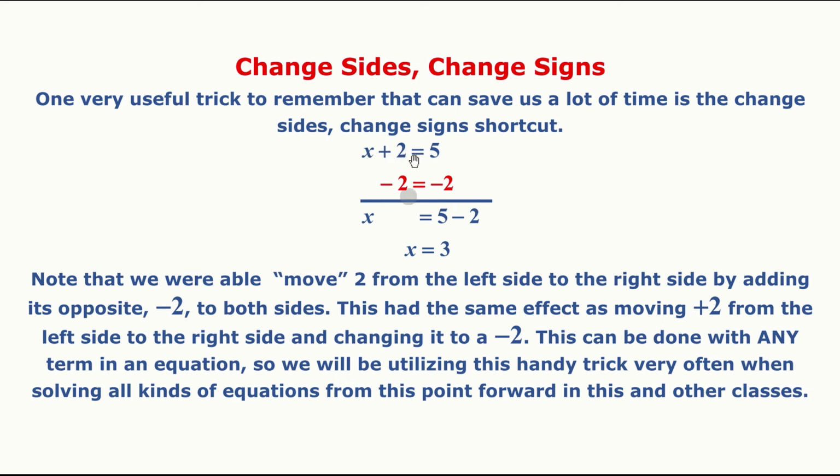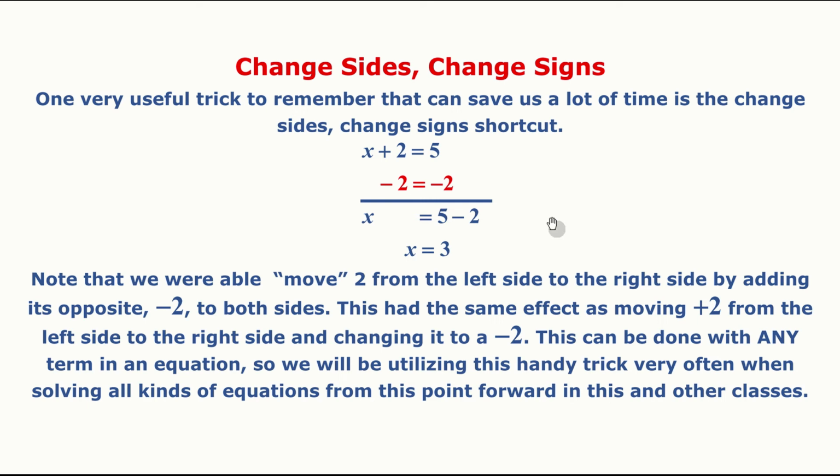In other words, you're adding the opposite of 2 to both sides. Notice that you end up with x by itself equals 5 minus 2, which will of course solve this equation for us and tell us x equals 3.